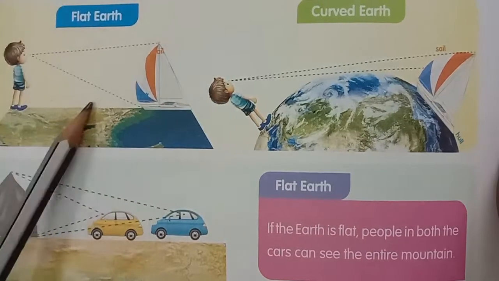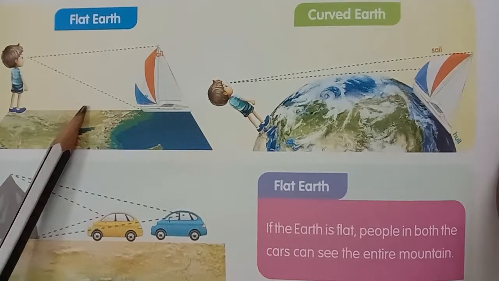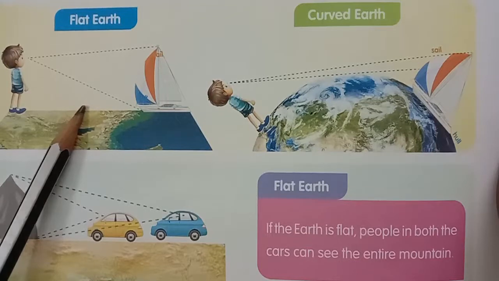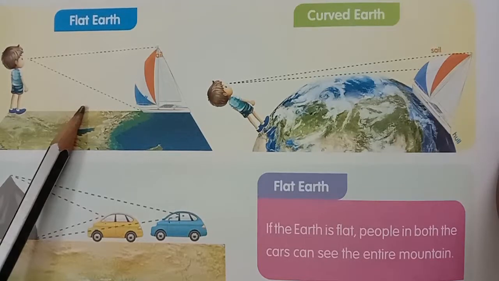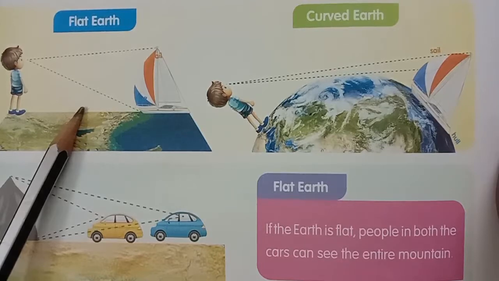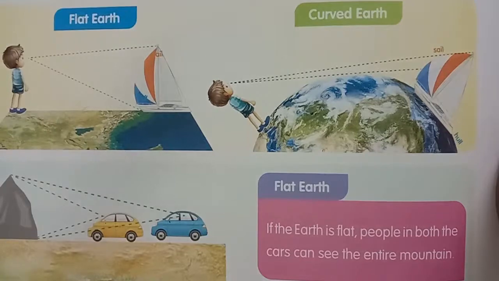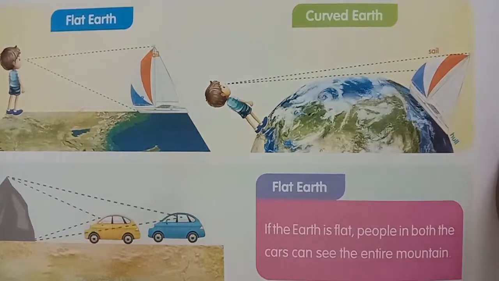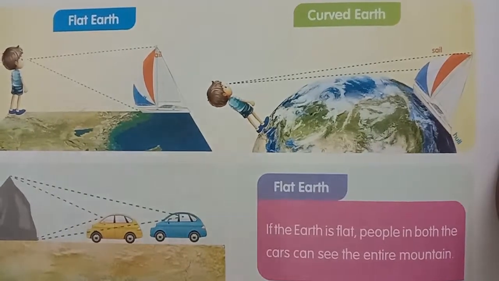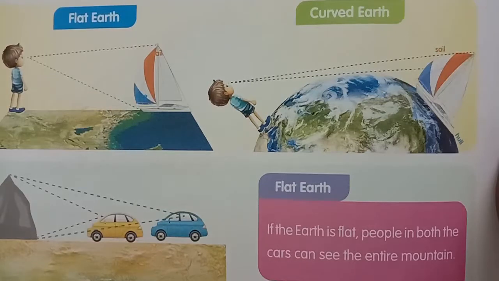See here children, it was believed in the olden days that the Earth was flat. The Greeks observed that as the ship sailed away, hulls dropped out of sight first and then the sails. The sails of the ship, which were approaching from a far distance, were always seen before the hulls.